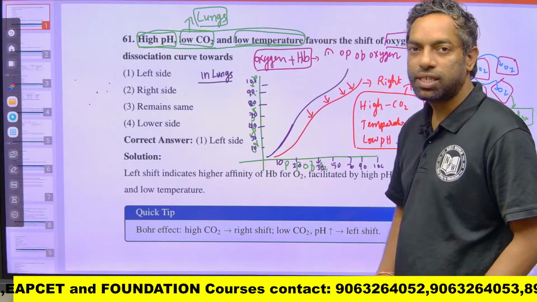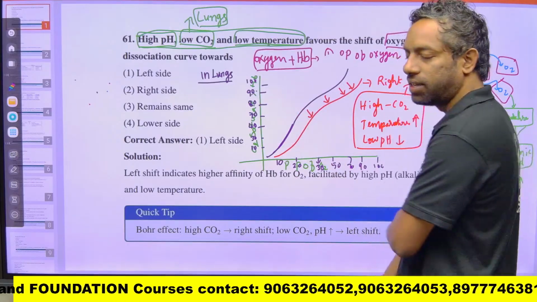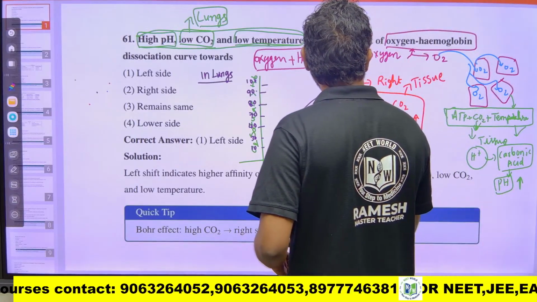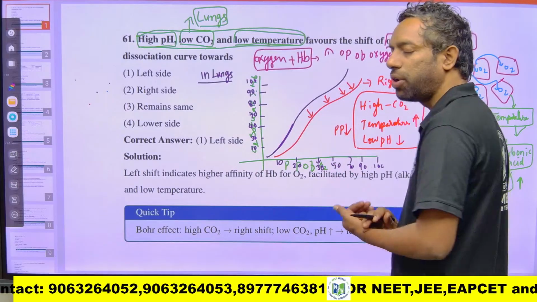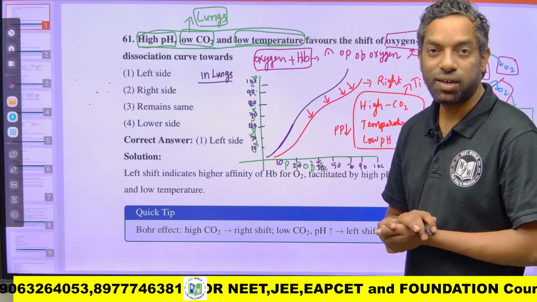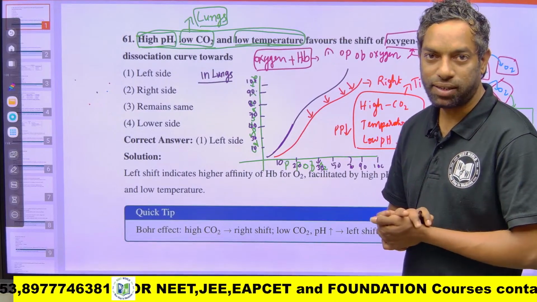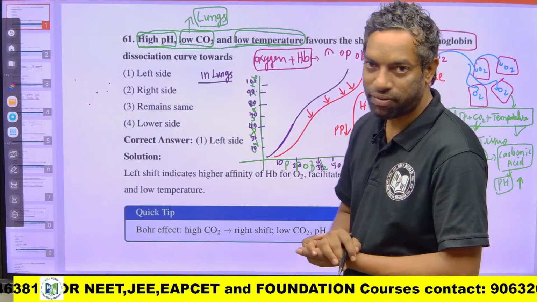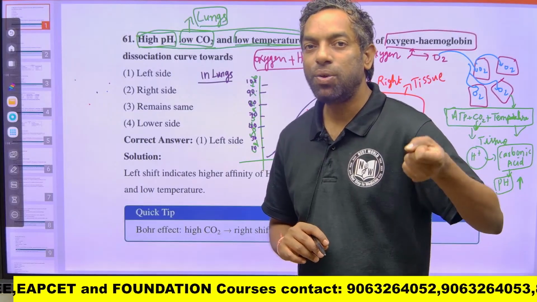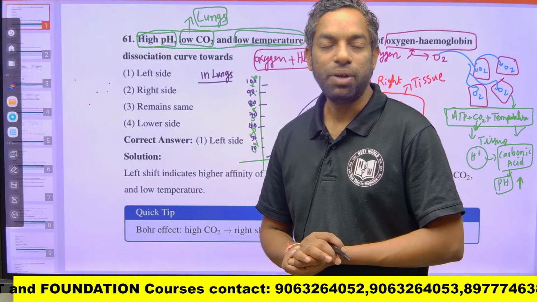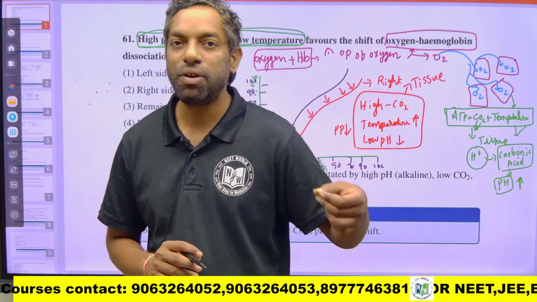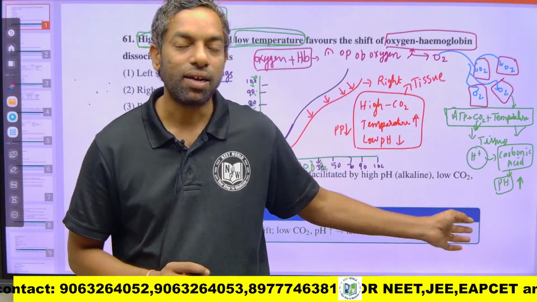In the tissue, the curve shifts rightward because the partial pressure of oxygen is very low, leading to carbon dioxide production. The partial pressure of carbon dioxide increases, so oxygen is lost, meaning the affinity of hemoglobin for oxygen is very low and its affinity for carbon dioxide is high in the tissue.